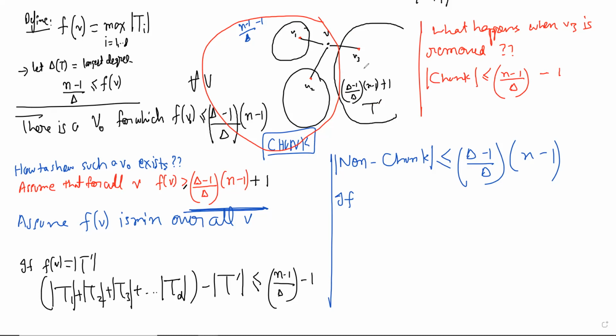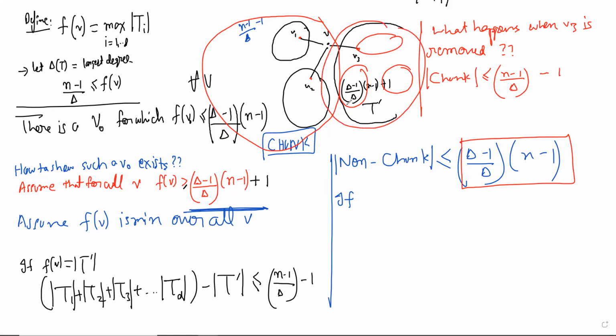Now that is one component that you get when you remove V3. The other components that you can get potentially, what will be their sizes? Their sizes cannot be more than delta minus 1 by delta times n minus 1, right? Because this total thing itself is, hold on. That is not true, right?